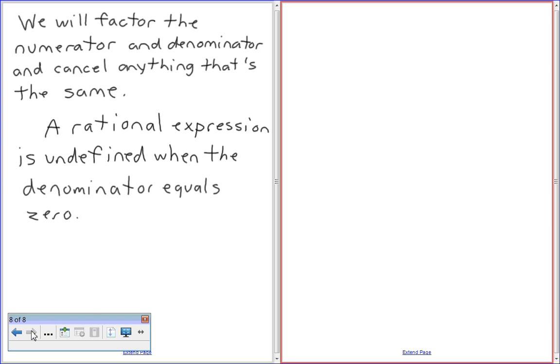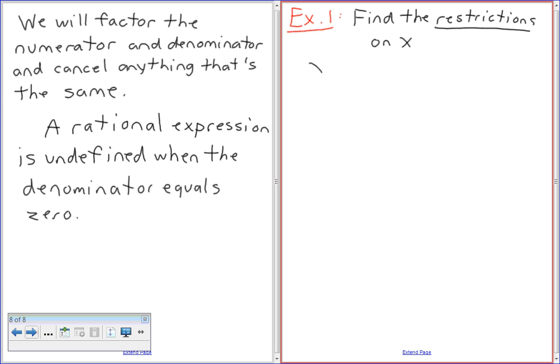So for our first example, number one is going to say, find the restrictions on X. The restrictions on X are values that will cause the expression to blow up.